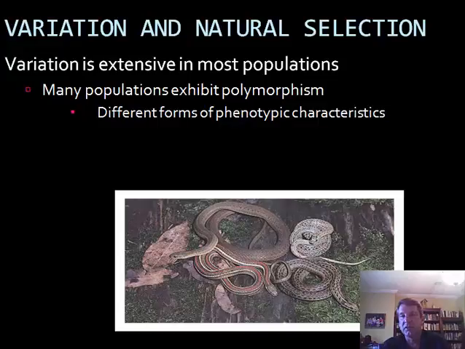This is a species of snakes right here, but if you look at them, there's 4 different snakes, but they all look very different, and you would probably think they're 4 different species. But they are what are called polymorphic, and polymorphic means they have different phenotypic or physical characteristics within the population.